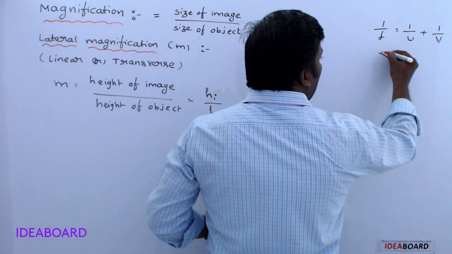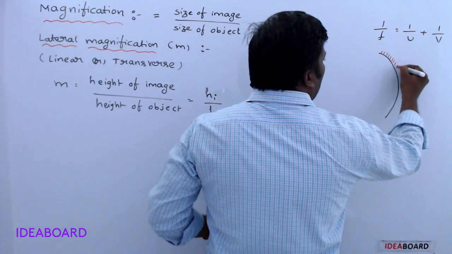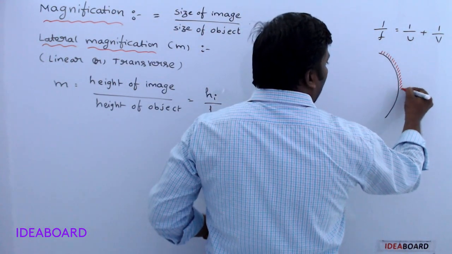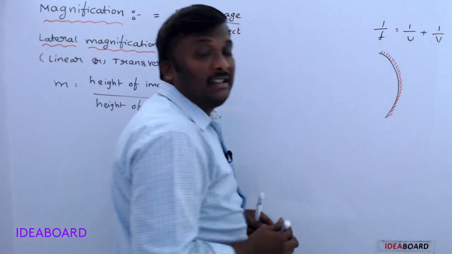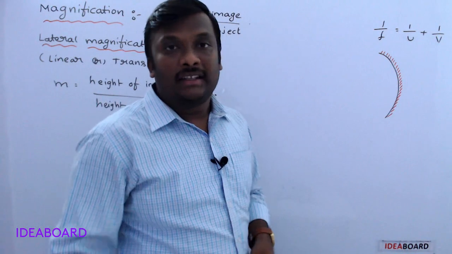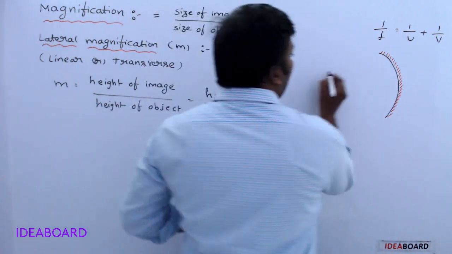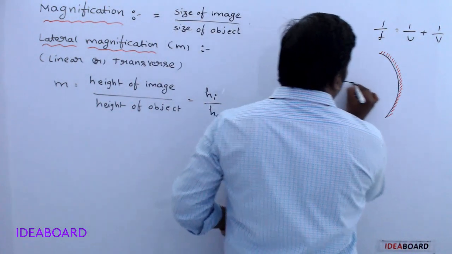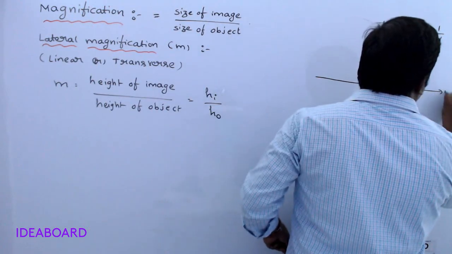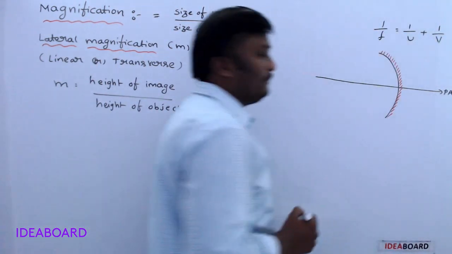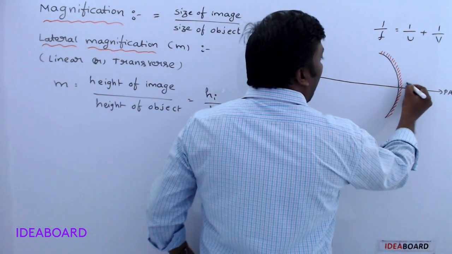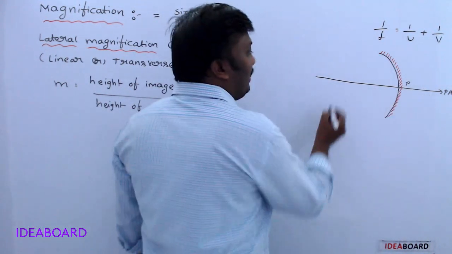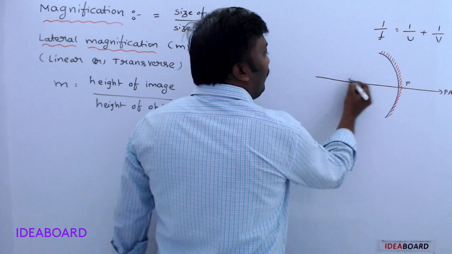Now, what is a concave mirror? A concave mirror means the outer surface of the spherical mirror is polished, and the inner surface acts as the reflecting surface. Now consider one principal axis. We know the principal axis is always a straight line passing through the pole of the mirror and the center of curvature of the mirror.